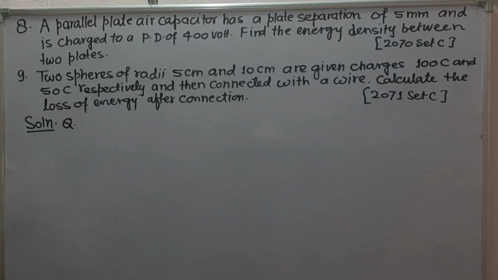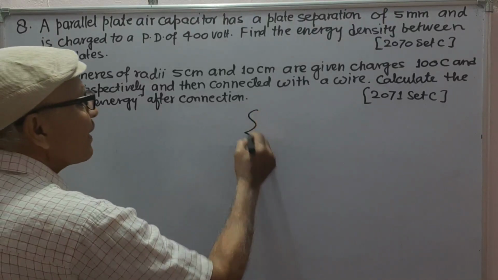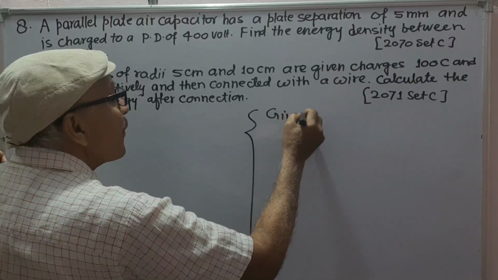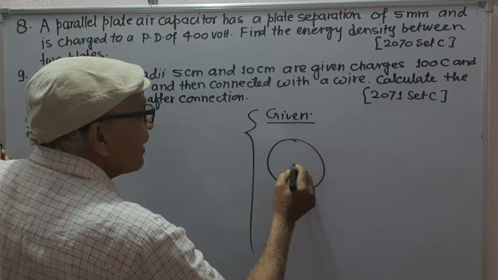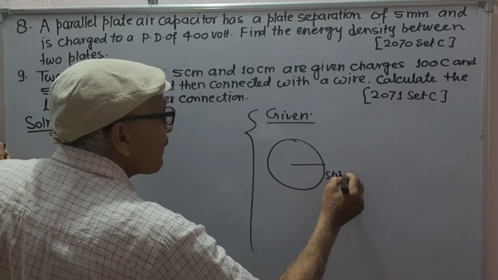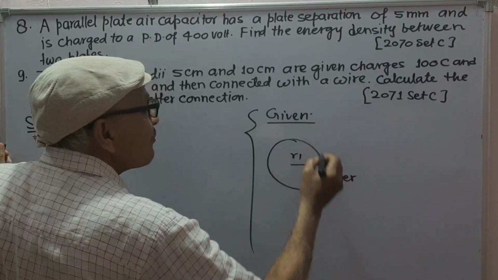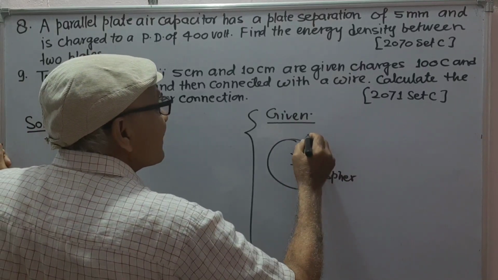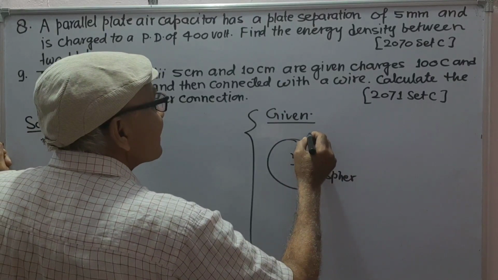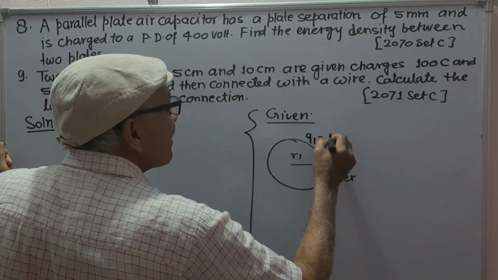The question is, two spheres of radii 5 cm and 10 cm are given charges 100 coulomb and 50 coulomb respectively, and then they are connected with a wire. Calculate the loss of energy after connection. Here, given, this is a sphere of radius r1 charged with the given charge q1 is equal to 100 coulomb.